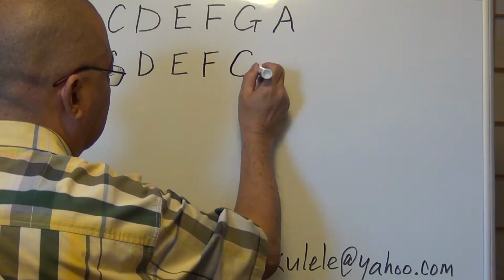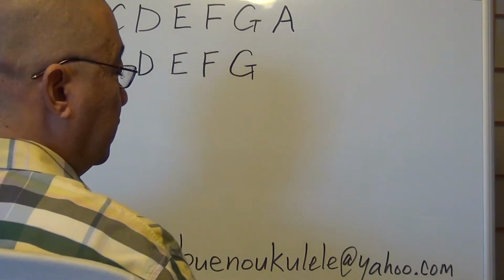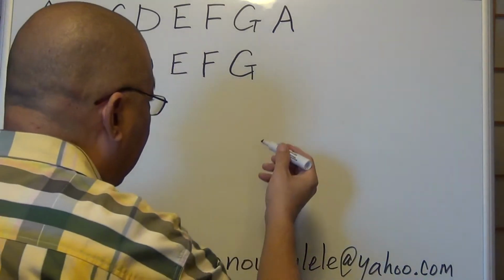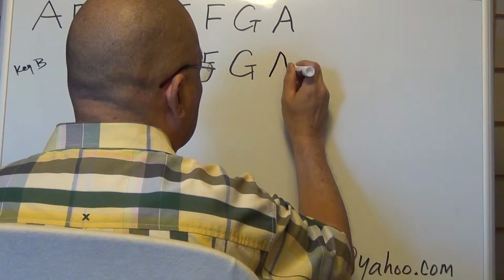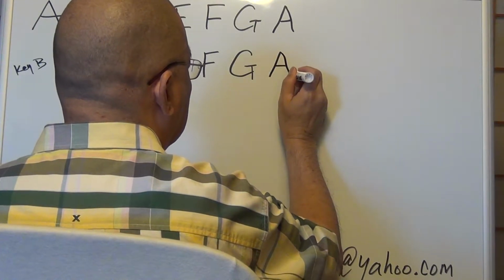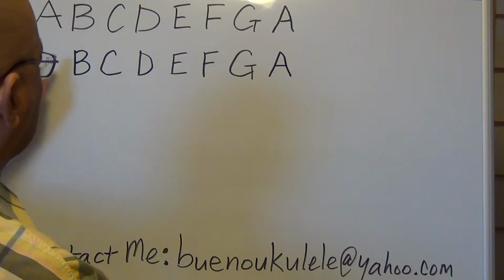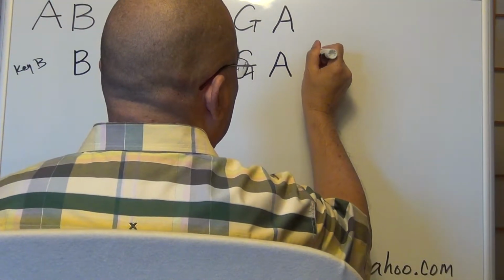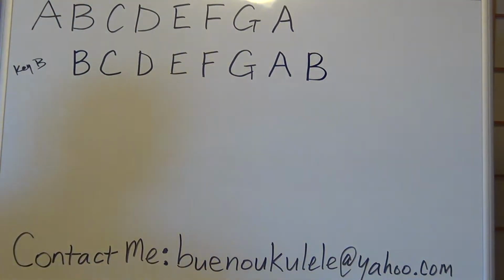Naturally, it's G. And always remember, every time after G, we've got to put the A. That's just the way it is. Then we continue the alphabetical pattern. What comes after A? Well, B. In the alphabet, B comes after A. And here we just wrote the key of B.